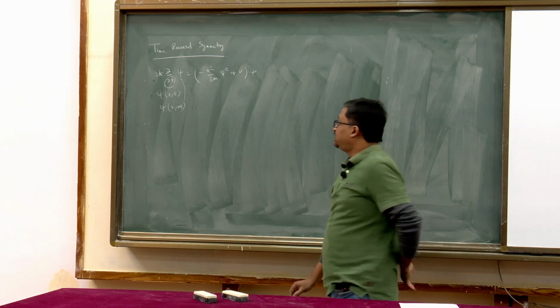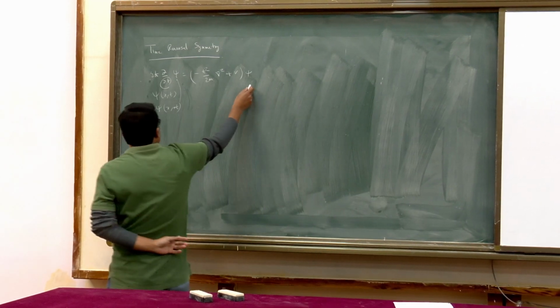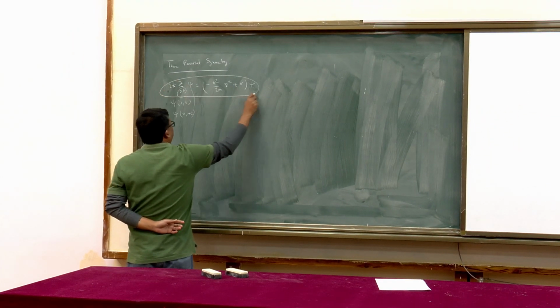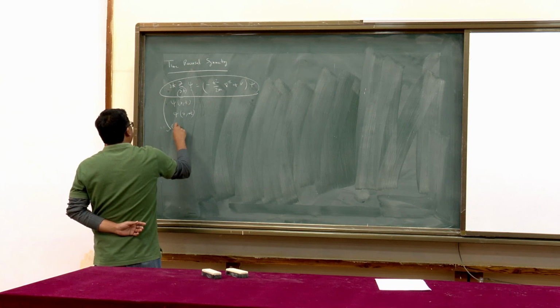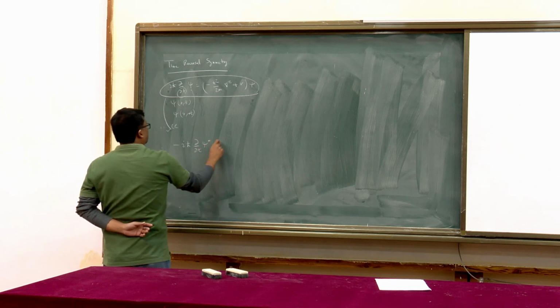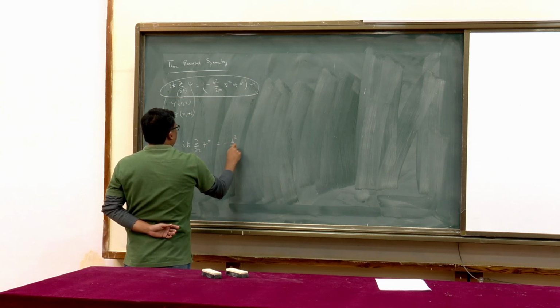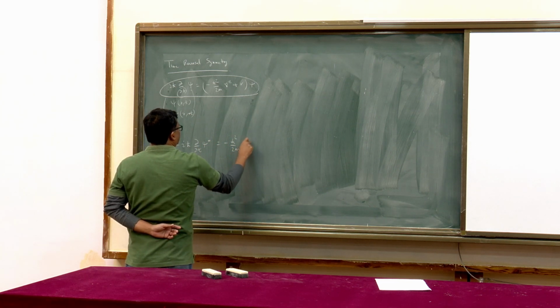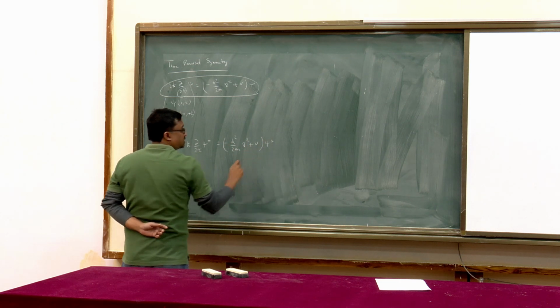But let me do one thing, let us take the complex conjugate of the whole equation. Okay. So, I get minus i h bar del t psi star, minus h bar square over 2m del square, and assuming that V is real and everything, I have this equation, right.